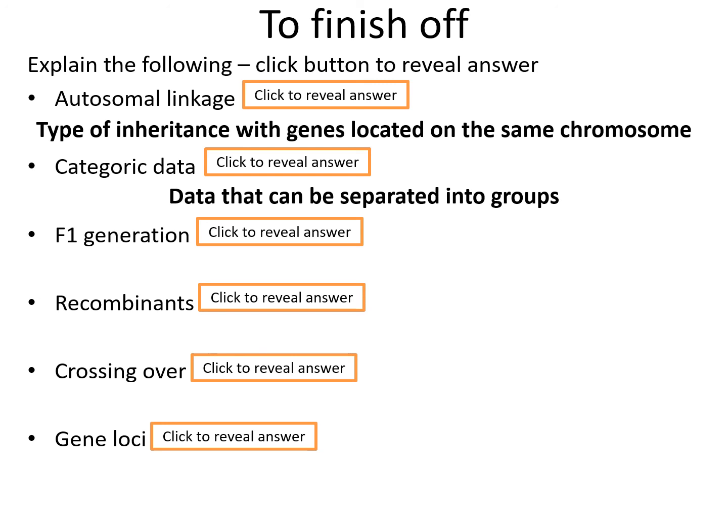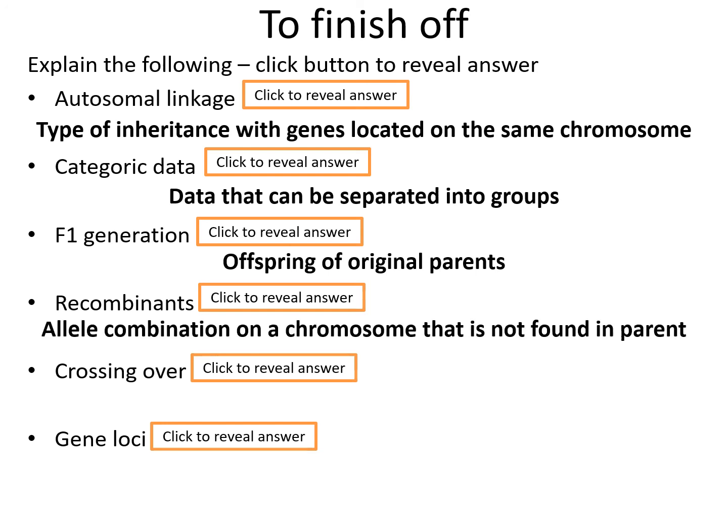The F1 generation refers to the first set of offspring that are produced. Normally you have the original parents, an F1 and an F2 generation in a question. You can have grandparents, parents, and offspring, and we use the term F1 to refer to the offspring from the first successful breeding, and then F2 is the next one, and F3, and so forth.